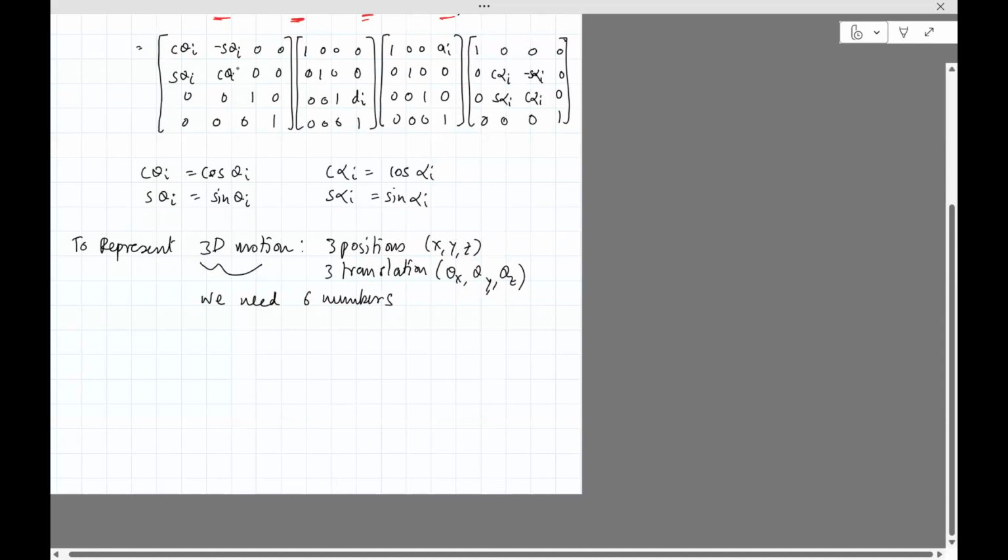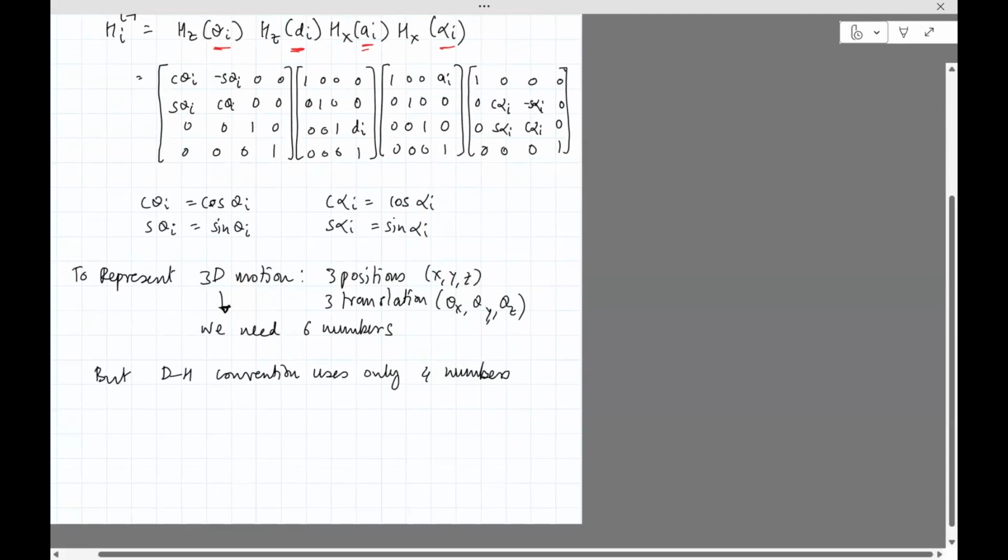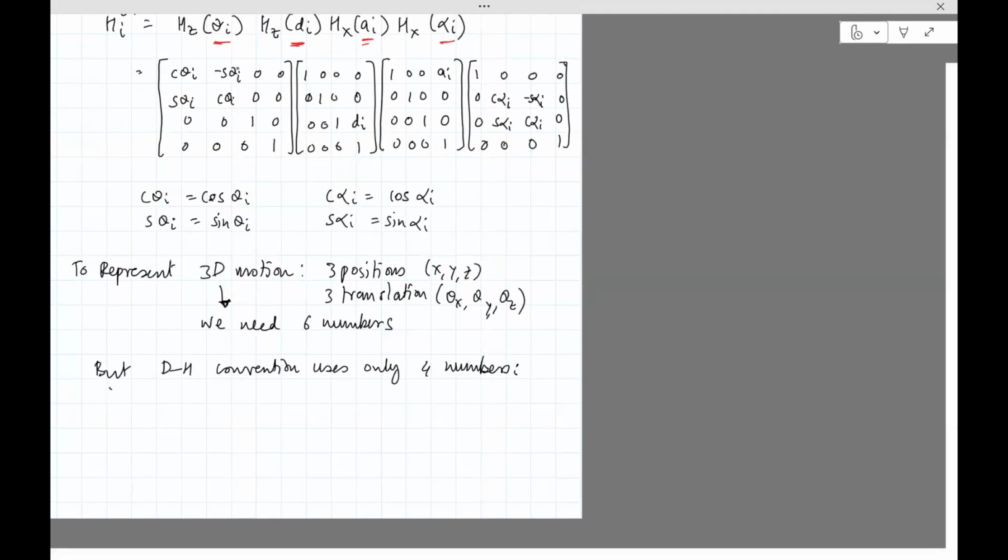To represent 3D motion, we need six numbers, but the DH convention uses only four numbers, and those are theta i, d i, a i, and alpha i.